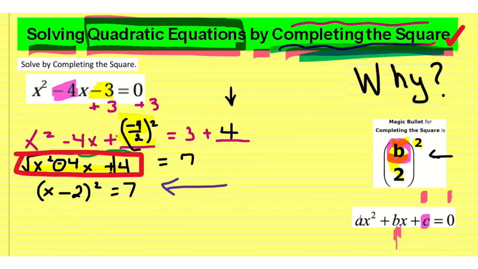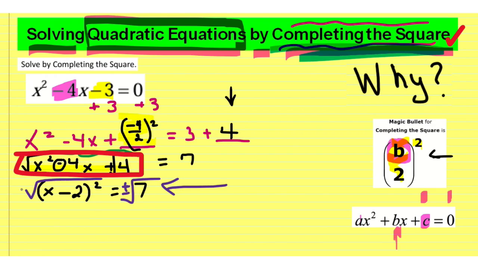Well, what is that? We're going to take the square root of both sides. Let me scoot all this over just a little bit so I've got a little bit more room, because anytime you take the square root of both sides, you are going to put a plus or minus in front of your answer side. So plus or minus square root of 7.